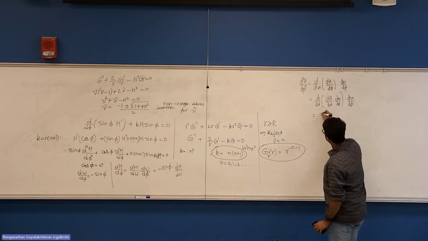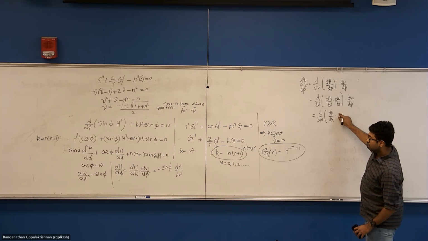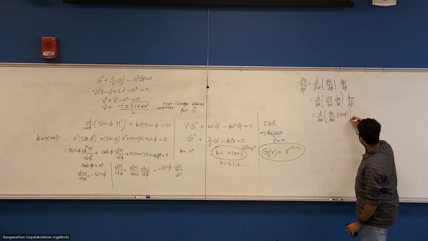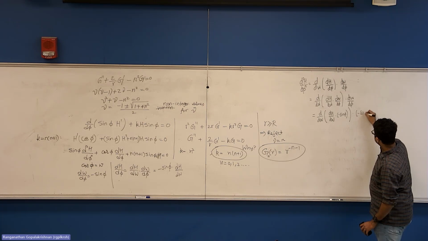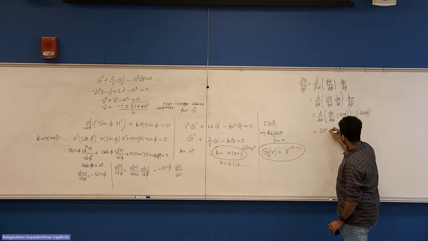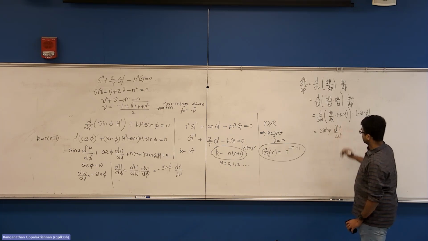This is d over dw, dh over dw times minus sin phi multiplied by minus sin phi. So this is sin squared phi d squared h over dw squared.